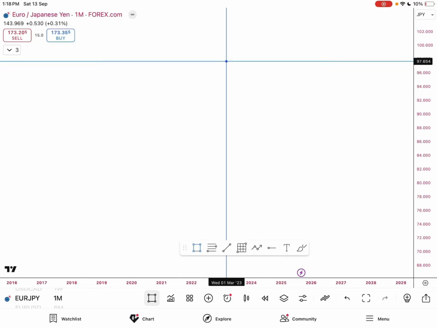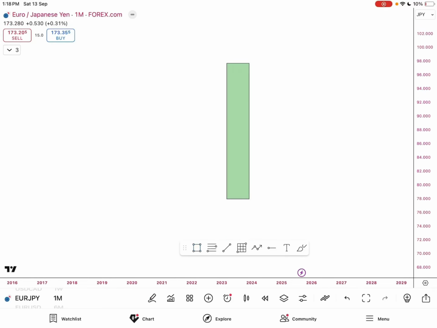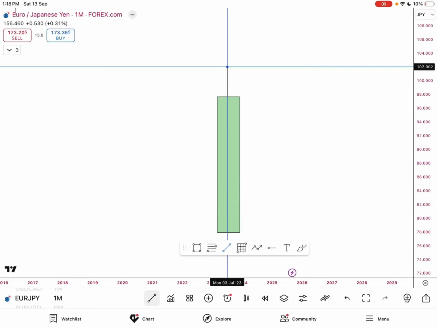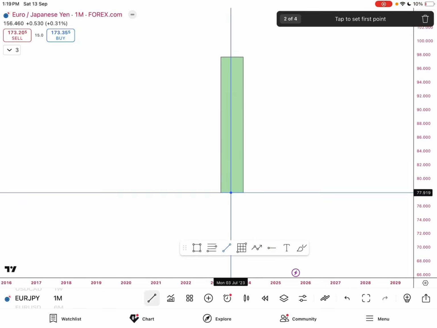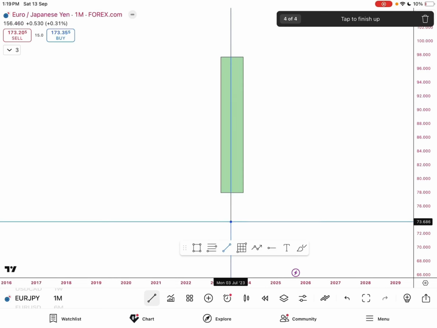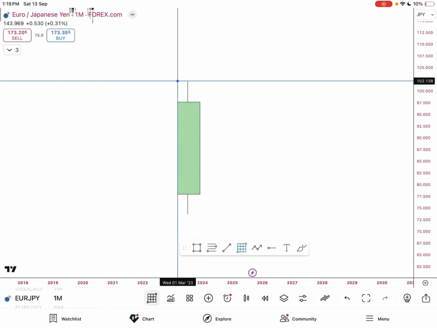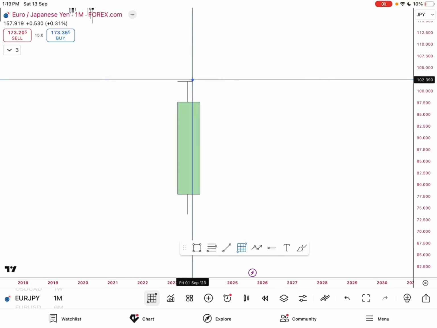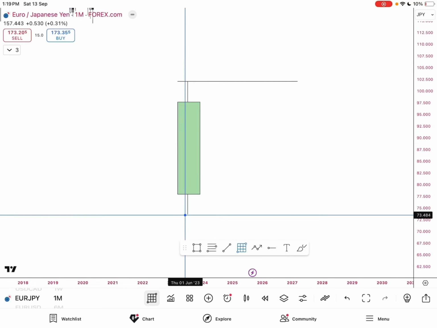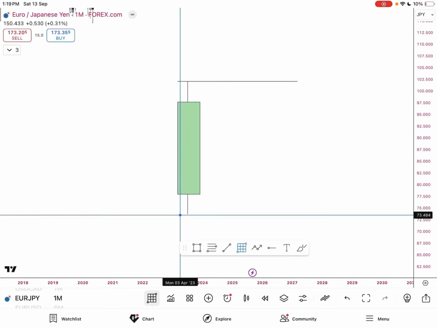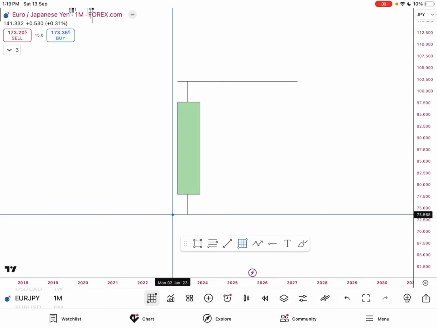Okay, so here we have the candle like this. In this candle we have highs and lows like here. So this is the high and this is the low. Now these highs and lows are called external liquidity, like in higher time frame, previous month highs and lows, previous week's highs and lows, previous day's highs and lows.